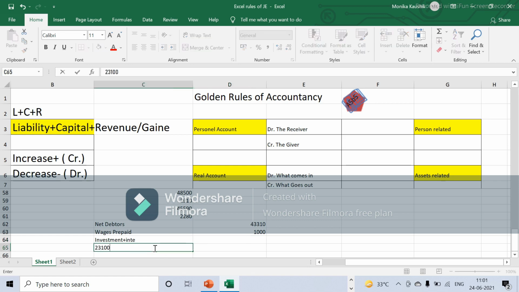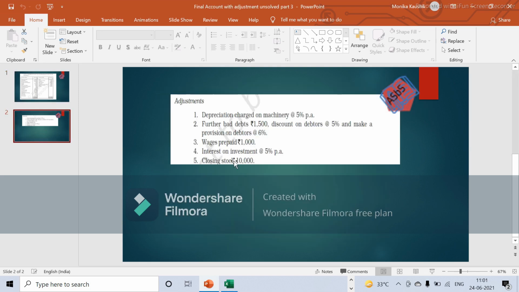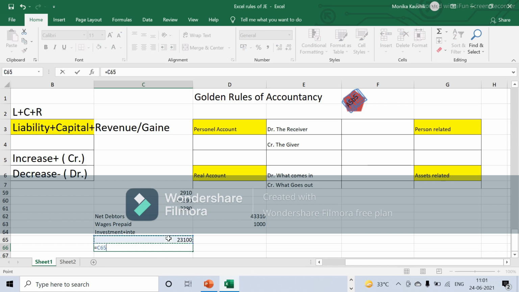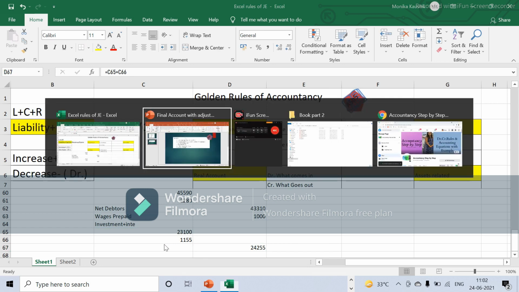So 23,100 plus 5% interest. This 5% interest was 1155, I guess. Let me calculate again: this multiplied by 5%. So now the total investment will be equal to this plus this. 24,255 will be my new investment now.